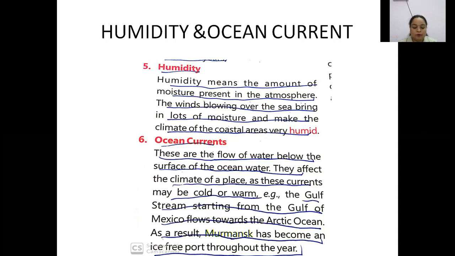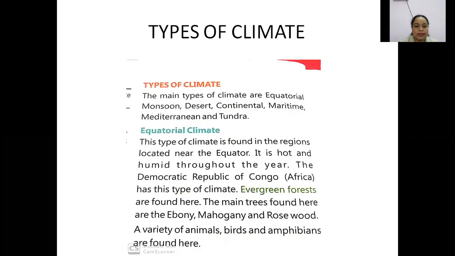Okay. Now the next thing. These are the important factors which we have already discussed. Then we come to the new topic, that is types of climate. You have studied the various factors that affect the climate of a place.